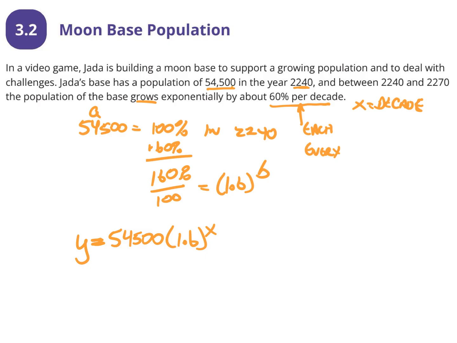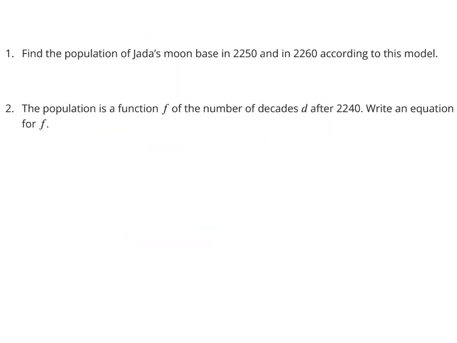So now let's look at the questions. Okay, since we put y equals, we push that button. We put 54,500 times 1.6 to the x. We put that into the calculator. At 0, when x is 0, you get 54,500.